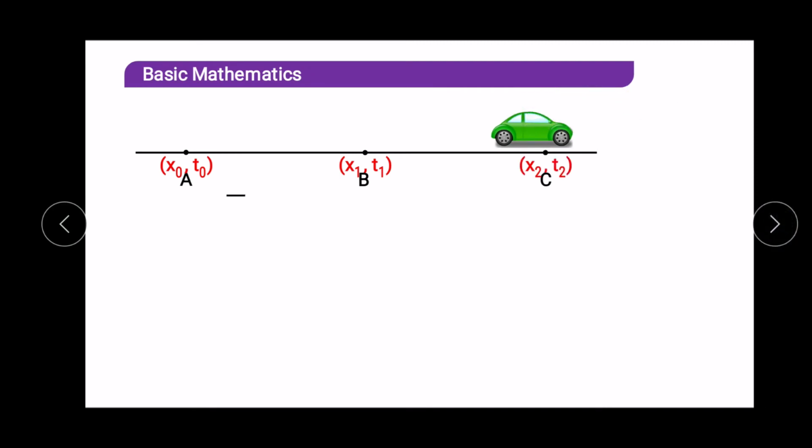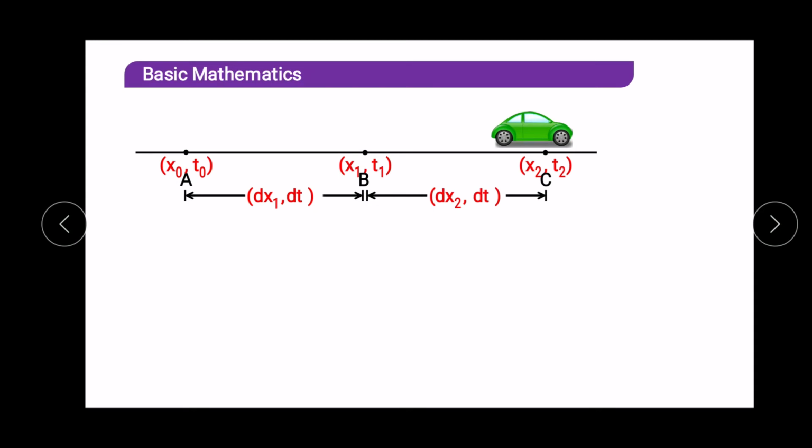So when I take the slope between these two points, x0 to x1, what is the change in x0 and x1 value? x1 minus x0 is the change in distance, and t1 minus t0 is the change in time. If we divide these two quantities, what will we get? The average speed of the car between A and B. Similarly, the change in distance here is x2 minus x1, and the change in time is t2 minus t1.